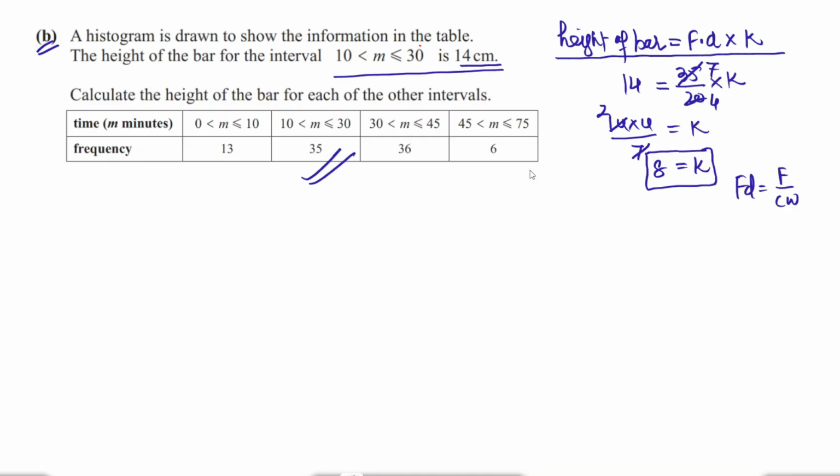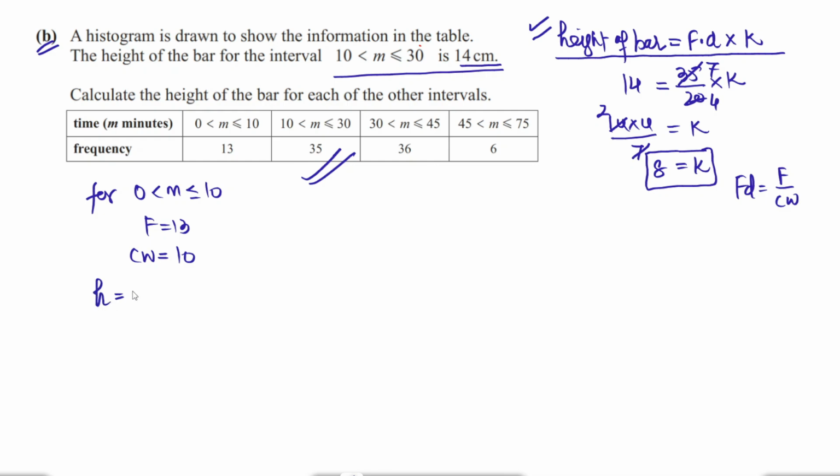This is a very important problem, and students generally get stuck in it. So if you remember this, you can find the k value. Now for 0 to 10, the frequency is 13 and the class width is 10 minus 0, that is 10.